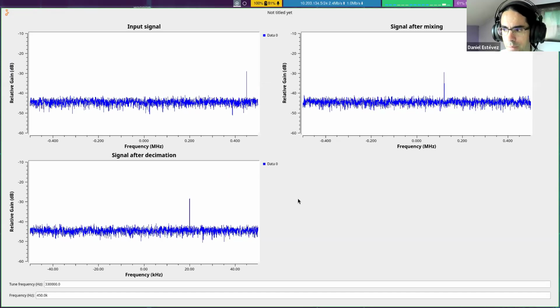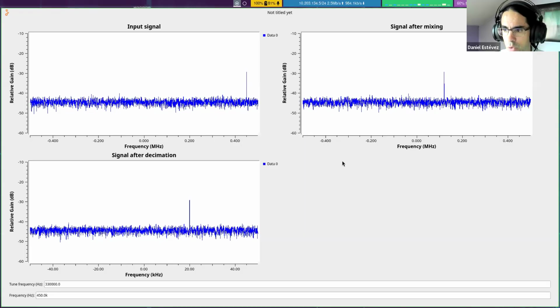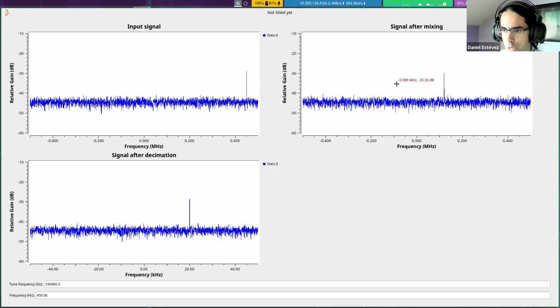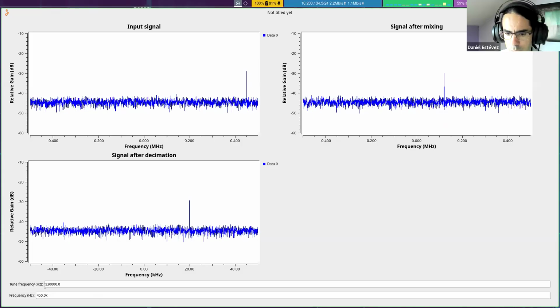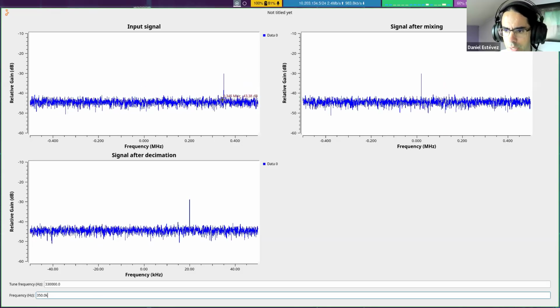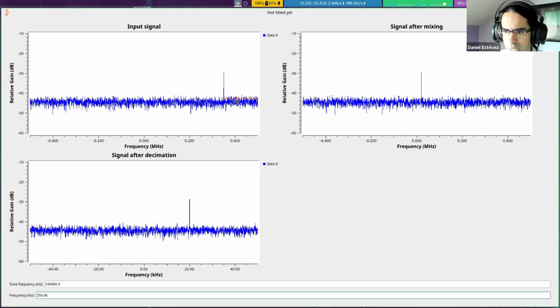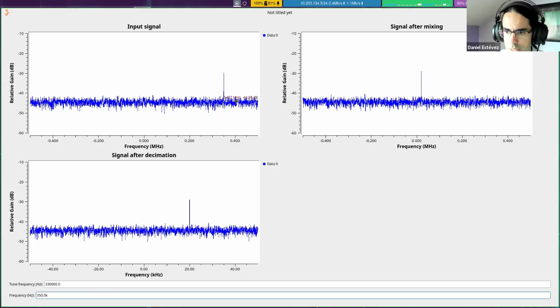So let's do some very simple numbers to see that we are effectively losing signal to noise ratio. Let's look at any of these two plots. I will return the signal to the original 350 kilohertz. So the noise floor is at about minus 44 dBs.